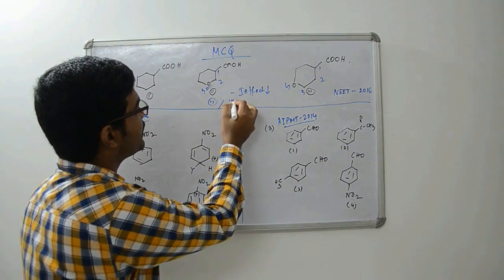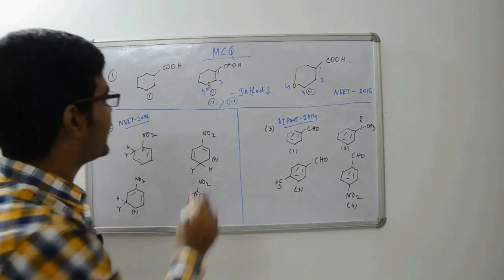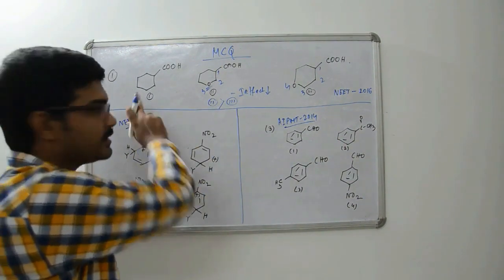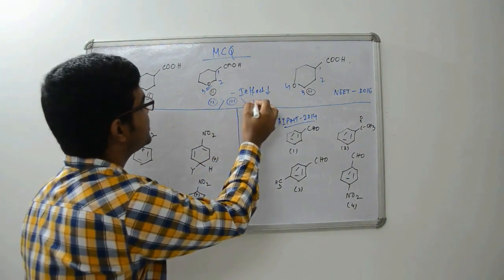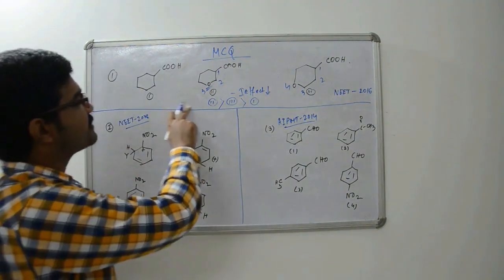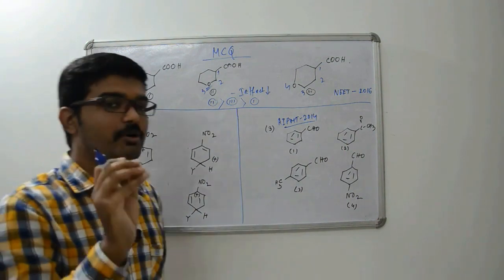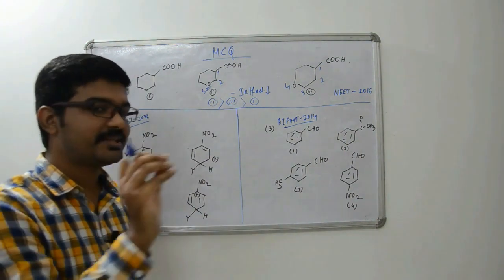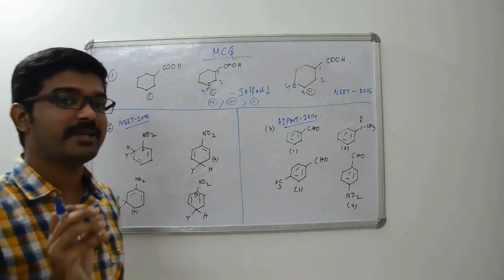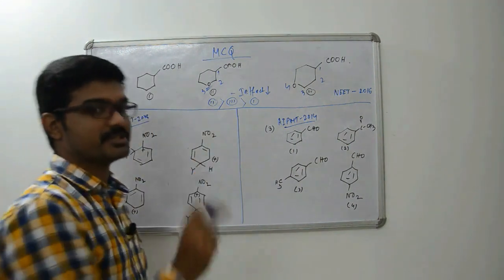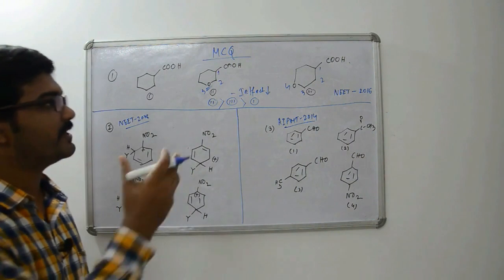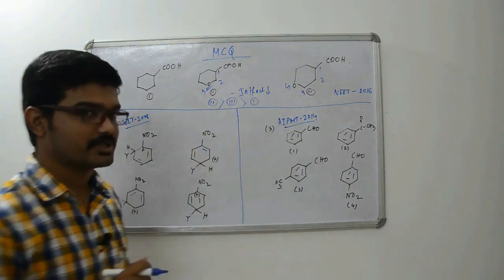So it will be followed by number 3, and here no O group is there, so it will have least acidity. So the acidic trend will follow in this way. So that means we have to build the concept of each and every section of organic reaction mechanisms to solve questions. Once we build the concept, it will be very easy for us to solve these questions.